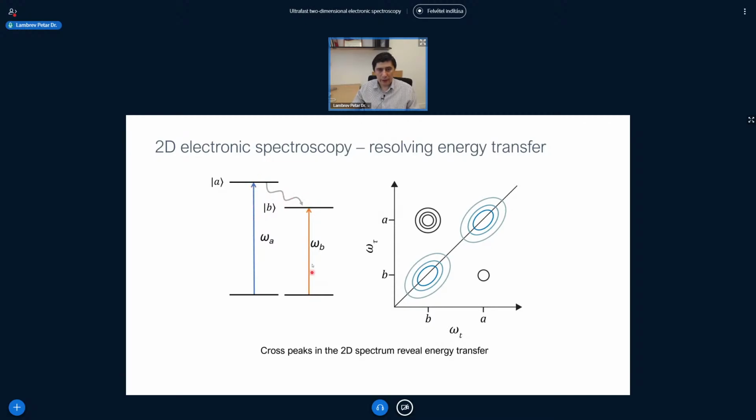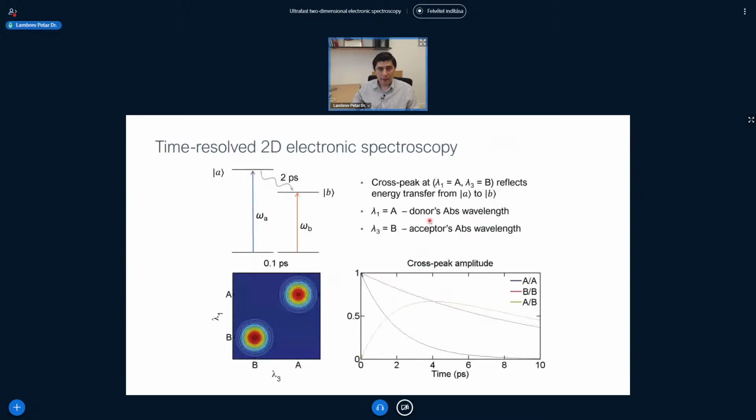You can probe then at the frequency of the acceptor molecule. What you will see is a cross peak on the two-dimensional spectrum that connects the frequency of the donor and the frequency of the acceptor, so you know what's going on. And also this is dynamic, because this is, of course, a time-resolved spectroscopy, so you can follow the intensities of the cross peaks in time, and then they will tell you the kinetics or the rates of energy transfer.